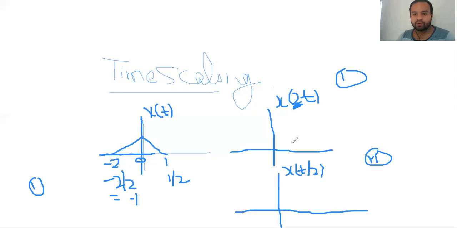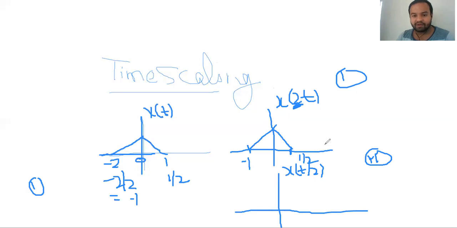Whatever signal you have to draw, you divide all the coordinates by that number. Here you have got the coordinate as half, and here you have got the coordinate as minus 1. Please remember the shape of the signal will remain the same.